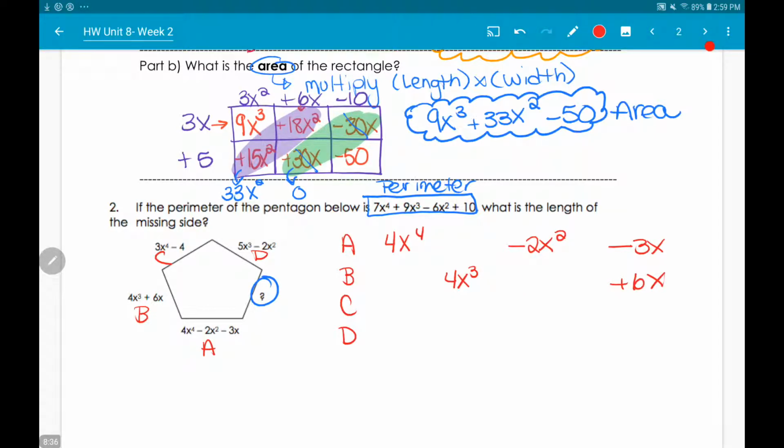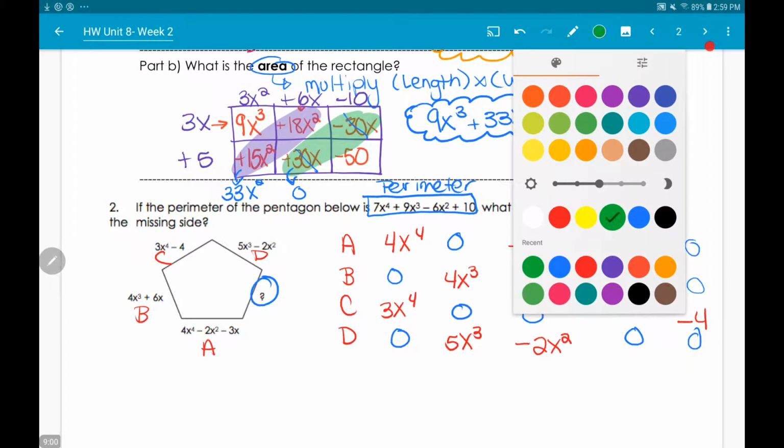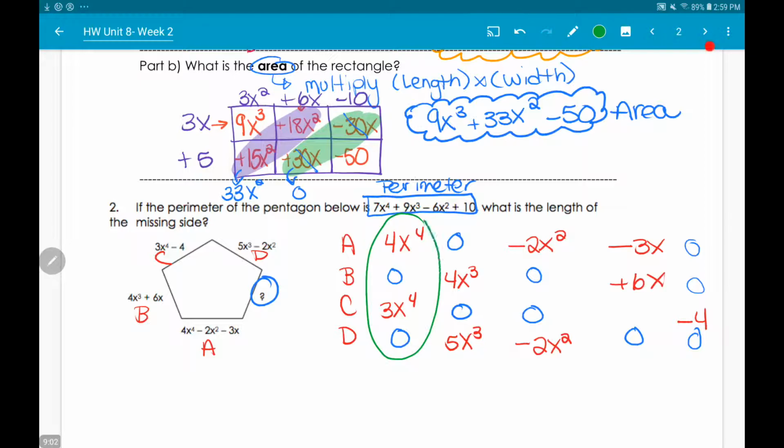And notice how I'm skipping a space for my like terms. I don't want to get confused. Okay, so I'm going to go ahead and put my placeholders. And I'm going to go ahead and add these all up.